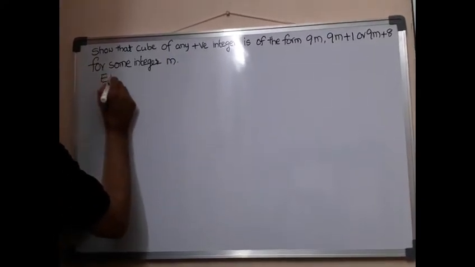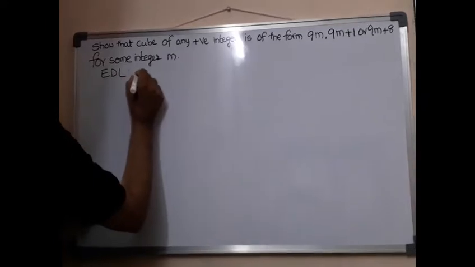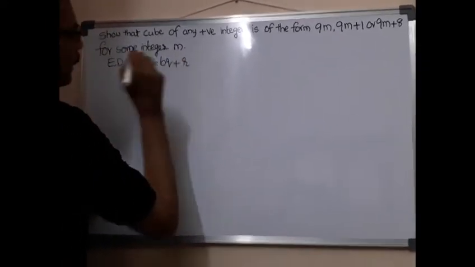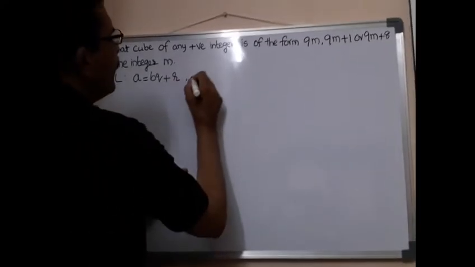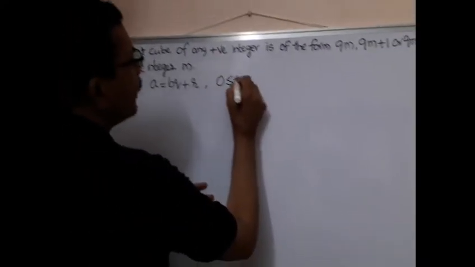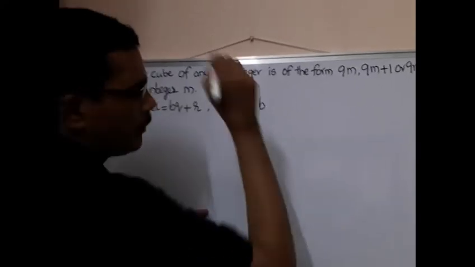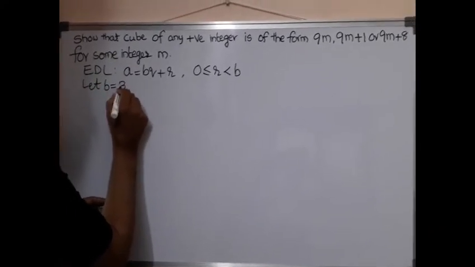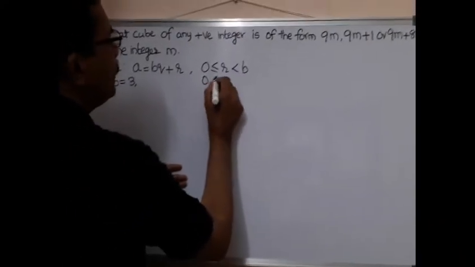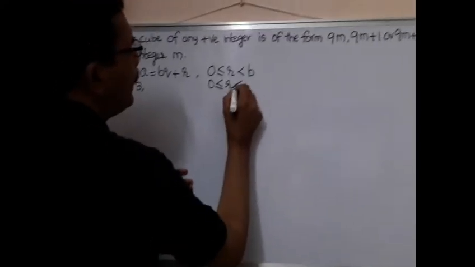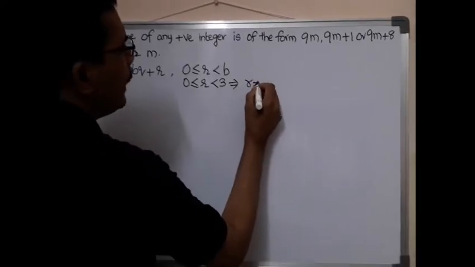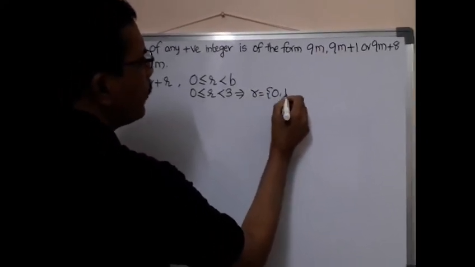Euclid's division lemma, that is A is equal to BQ plus R, where 0 less than or equal to R less than B. Let us take B value 3 here. Then 0 less than or equal to R less than 3 implies R is equal to 0, 1, 2.